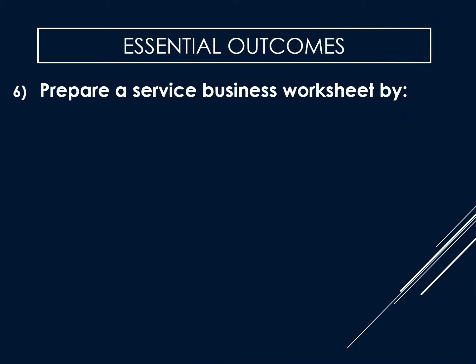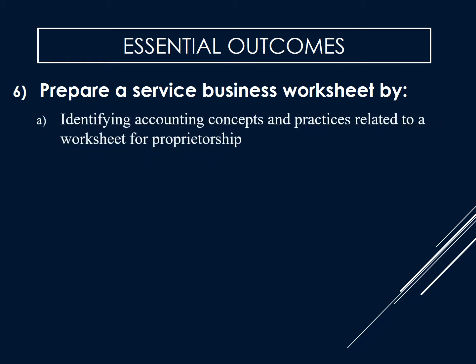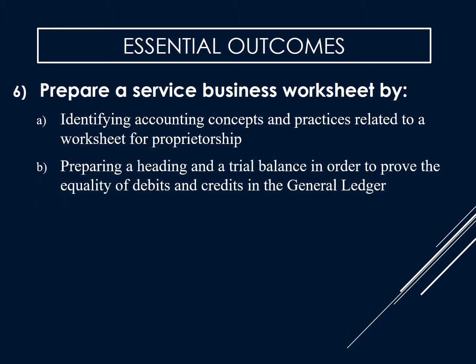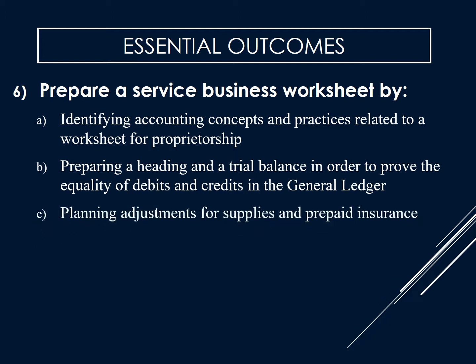Chapter 6, Essential Outcomes. By the end of the chapter, you should be able to: 1. Prepare a worksheet for a service business by identifying accounting concepts and practices related to the preparation of a worksheet. 2. Prepare a heading and a trial balance for the worksheet. 3.